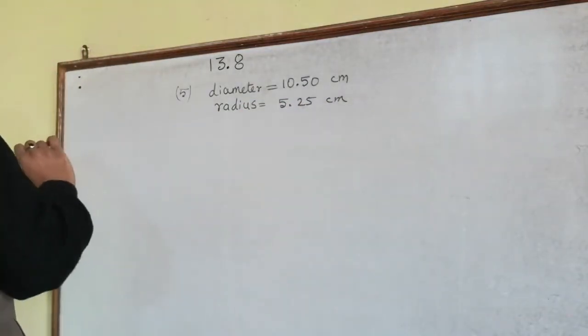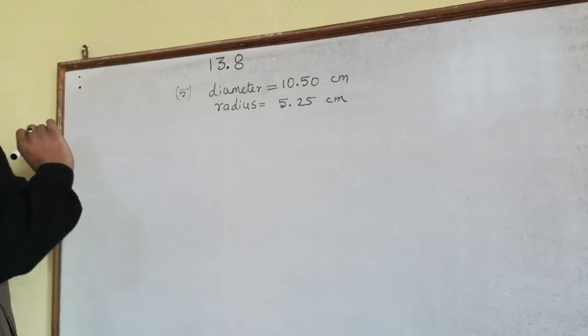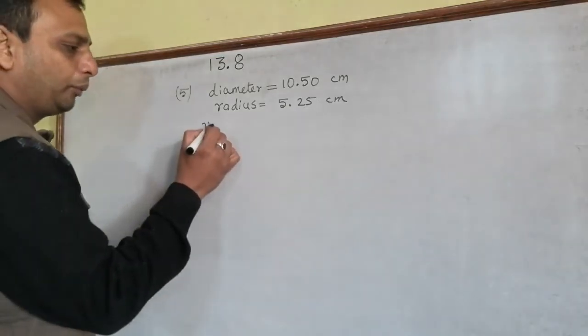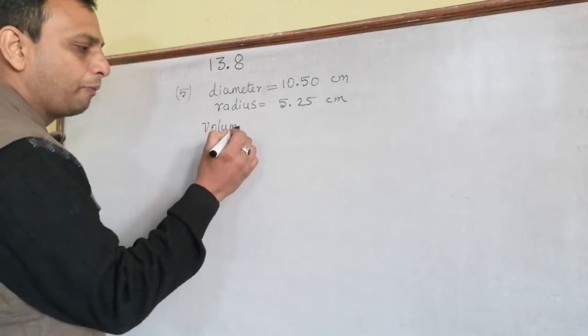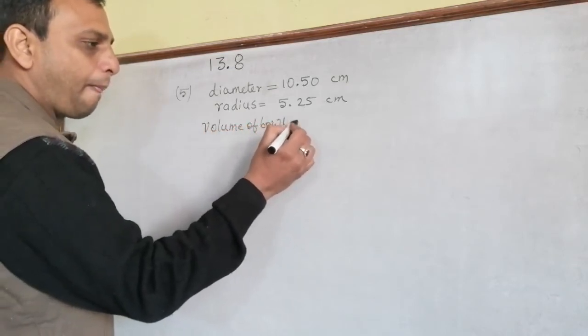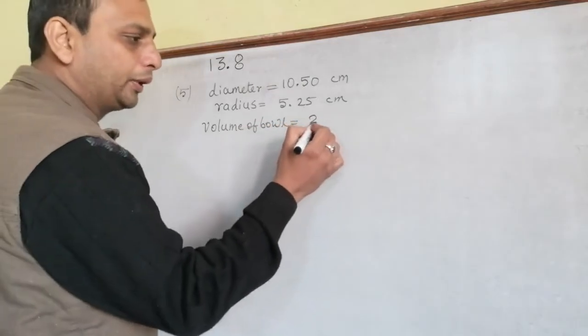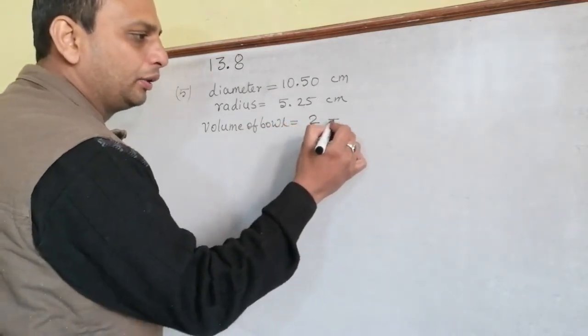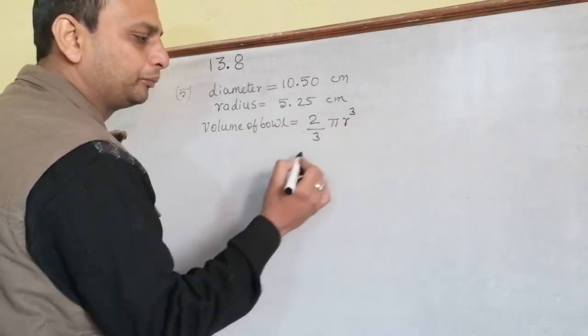Now we only have to find the volume of the hemisphere. So volume of the bowl is 2 upon 3 pi r cube.